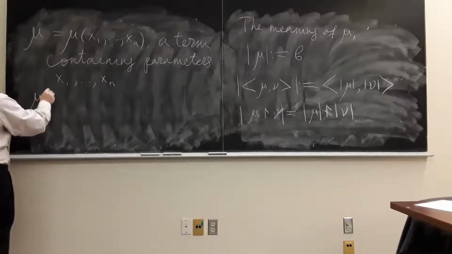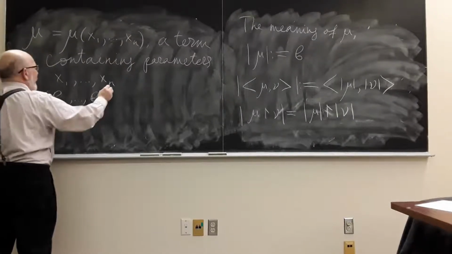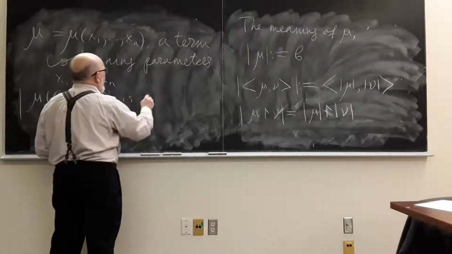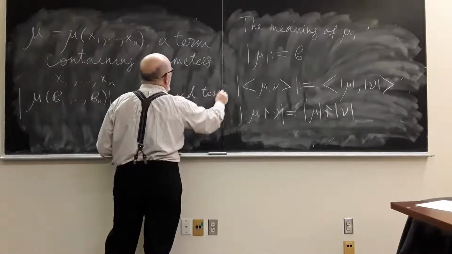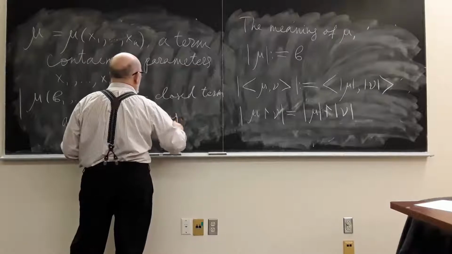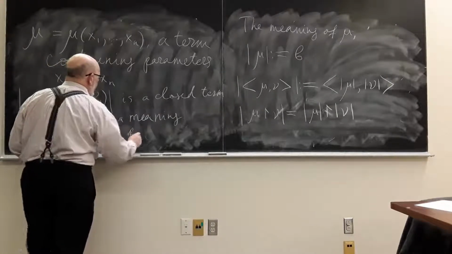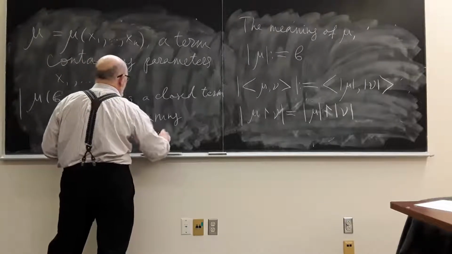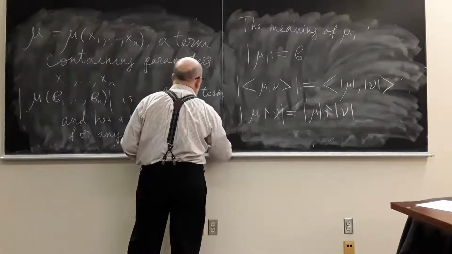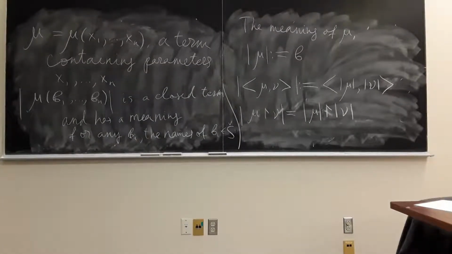So mu of b1 through bn is a closed term and has a meaning for any bi, the names of bi in S. For some bi it is well defined, for others it is not defined at all.